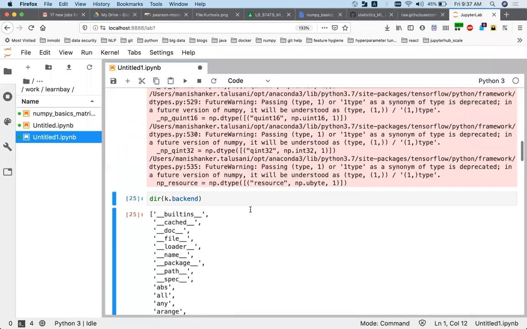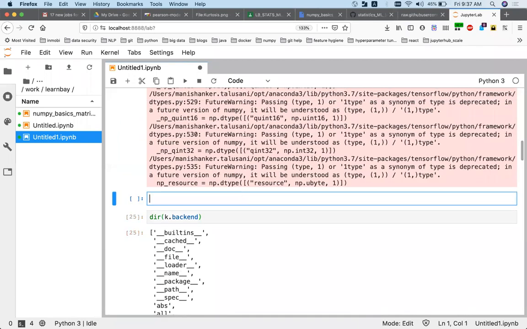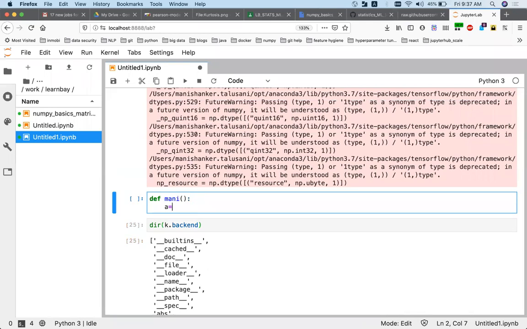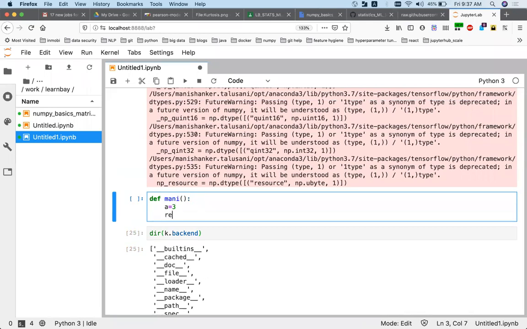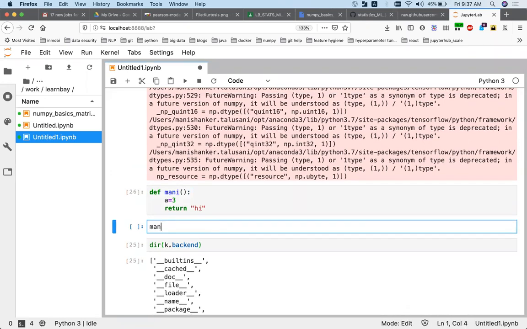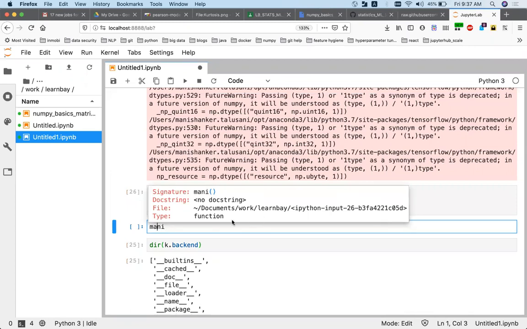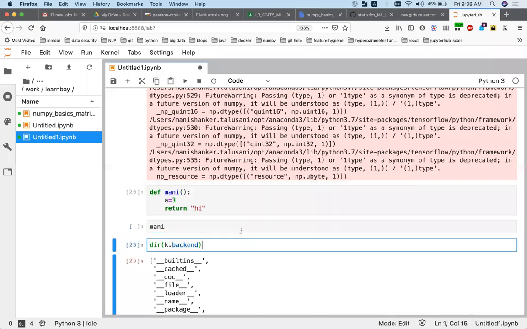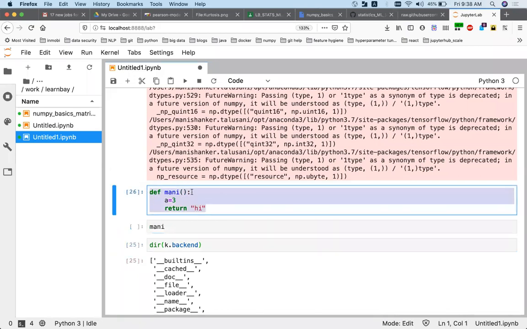So let's say if I write something here, def money. Still it says function, but there is not much information because I am a bad programmer and I didn't include anything useful here.